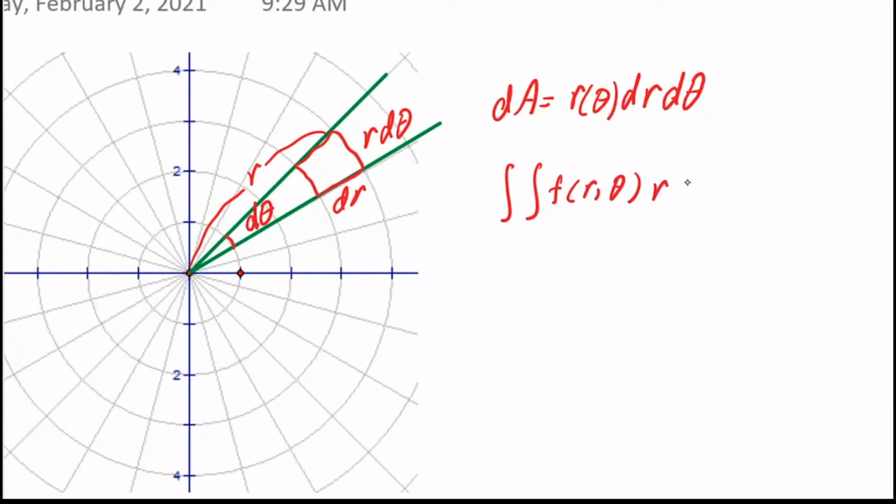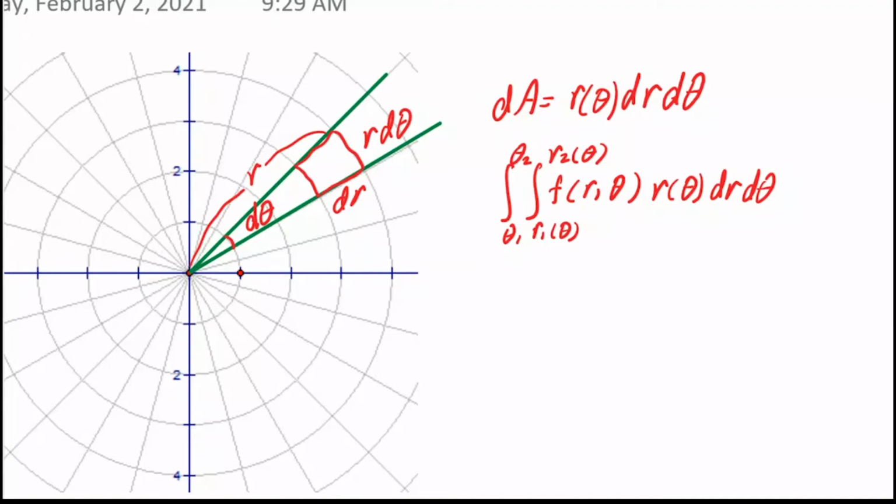And then we'll have r dr d theta is our dA. But r is a function of theta, dr d theta, like this. Okay? And then this thingy will move from r1, which is a function of theta, to r2, function of theta, just like y1, y2 as a function of x. And then this thing will change from theta 1 to theta 2. It's the typical format of a double integral in polar coordinate.